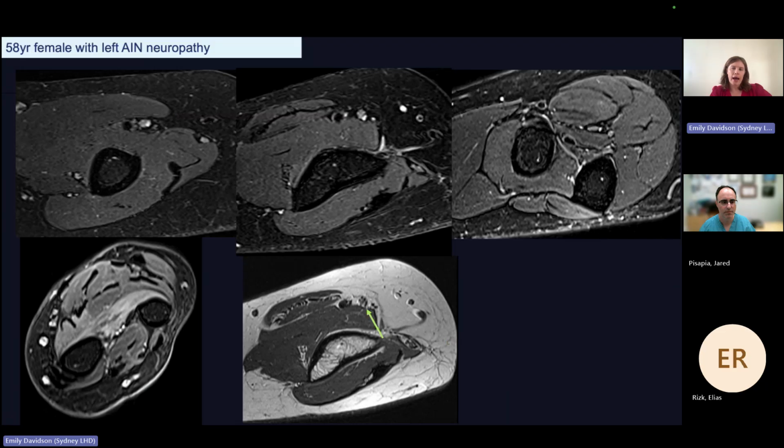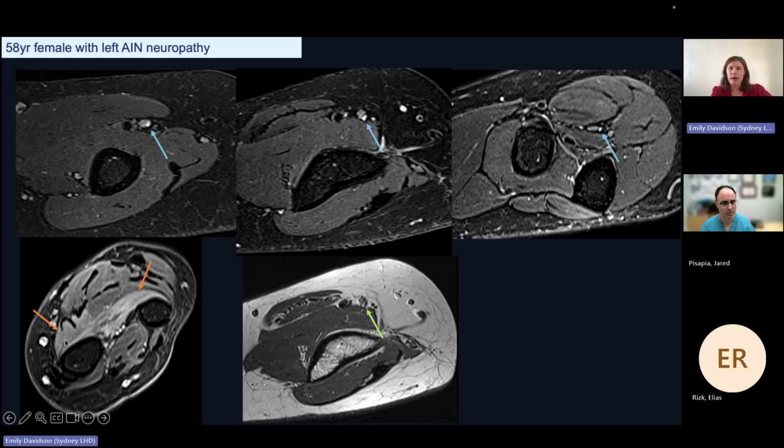We also get neuropathy or neuritis that affects the peripheral nerves of the upper arm, and this is a case of presumed Parsonage-Turner syndrome. We have some denervation changes in the anterior interosseous nerve distribution, so pronator quadratus, the radial side of the flexor digitorum profundus and flexor pollicis longus.